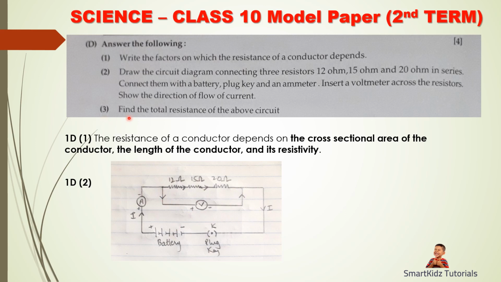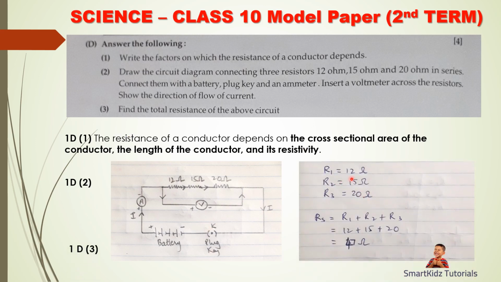Question 3 says find the total resistance of the above circuit. We have been given 3 resistances, 12 ohm, 15 ohm, 20 ohm, and we just need to add them to get the total resistance. Here are the calculations: R1, R2, R3. Resistance in series, Rs, is equal to R1 plus R2 plus R3.